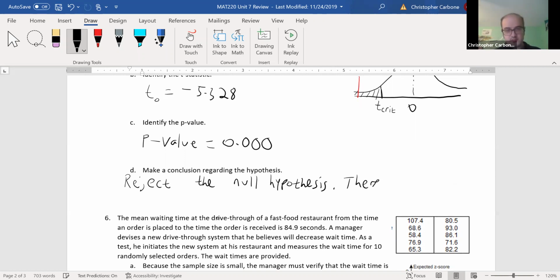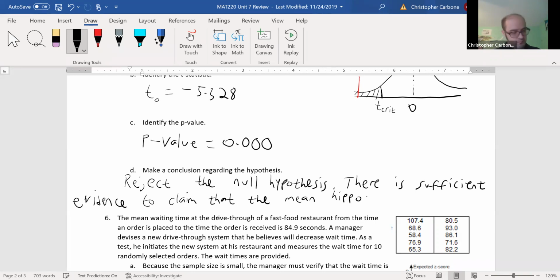So there is sufficient evidence to claim that the mean hippocampal volume is less than 9.02 cubic centimeters.